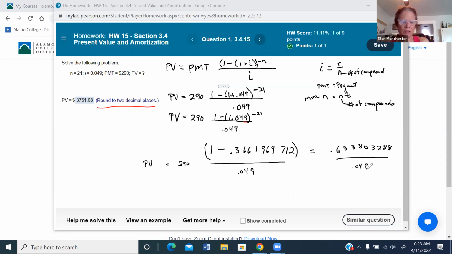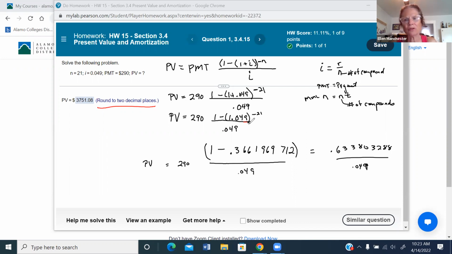If you do 1 minus 1 plus 0.049 raised to the negative 21, that is going to make the negative 21 apply only to the 0.049. So be really careful. Use your parentheses, because you want the whole 1.049 raised to the negative 21, not just the 0.049. So just be really diligent about using your parentheses as much as you can.